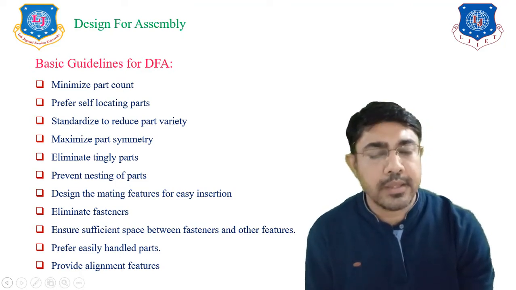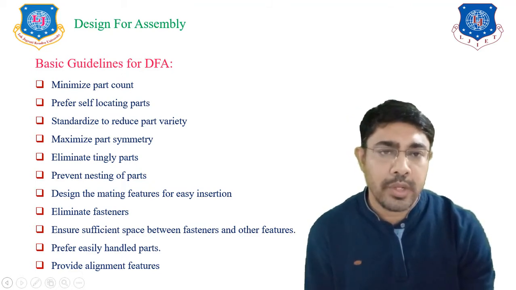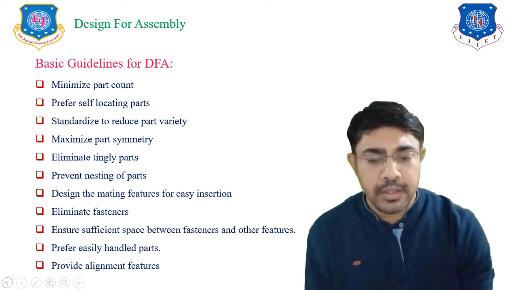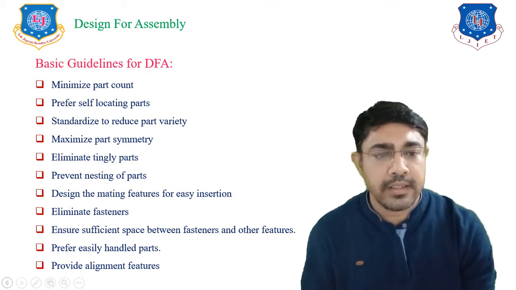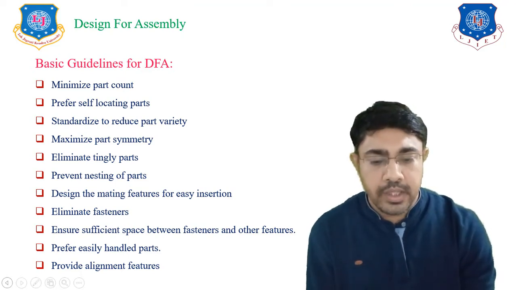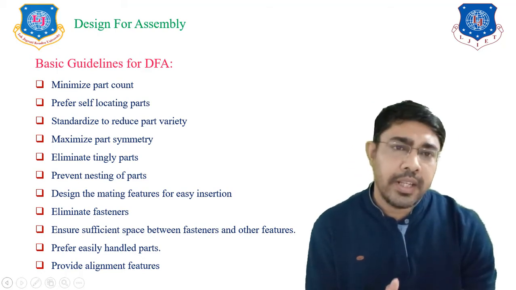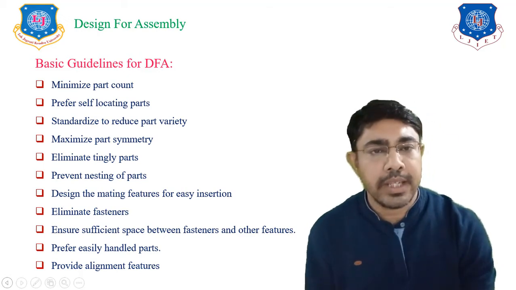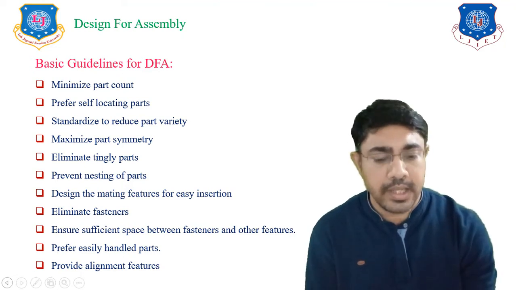Next is maximize the part symmetry. As our part is symmetric, we do not need to worry about orientation when we do the assembly of that particular part. Next is prevent nesting of parts. When the parts are stored, we have to design the parts so that they cannot nest, and design the mating features for easy insertion, so we can easily insert the parts when we do the assembly.